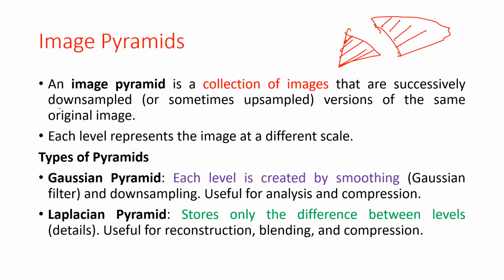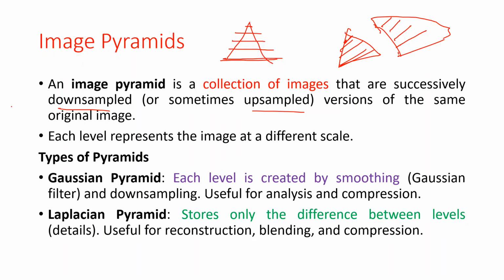This is known as downsampling as well as upsampling. The original image is downsampled to form a pyramid. If I want to reconstruct, from the top I'll enlarge down to the last one, which is known as upsampling, giving the same version as the original image. Each level of the image represents a different scale.